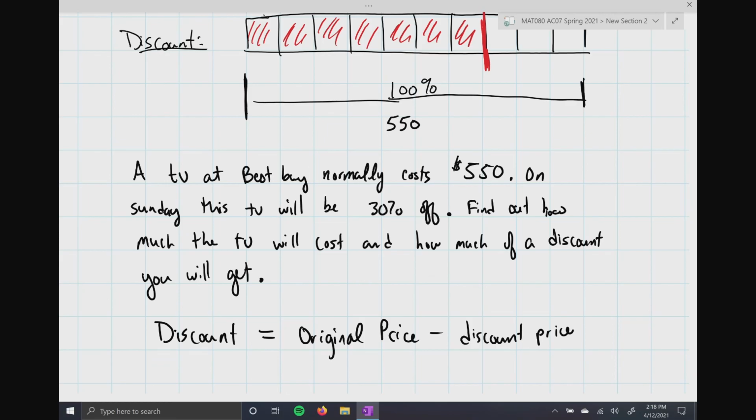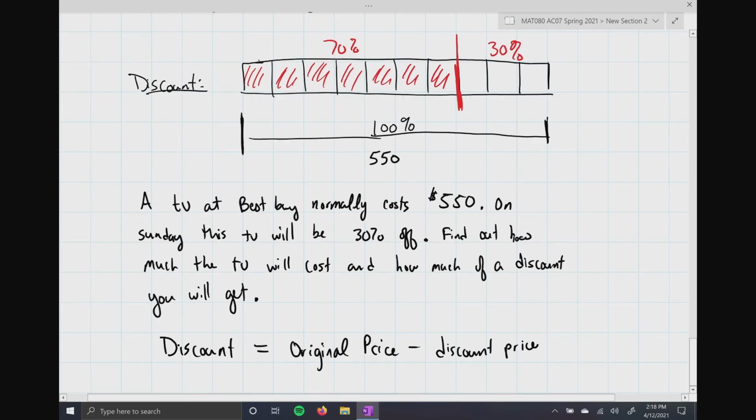Now, what I did is I did something really special here. I drew this little bar and I put 10 pieces in it because each square represents 10%. You can always do this, and once you get good at this, you can actually just do it in your head. So, if we think about this, 100% of the cost is $550. 10% would be $55. Do you guys agree with me on that?